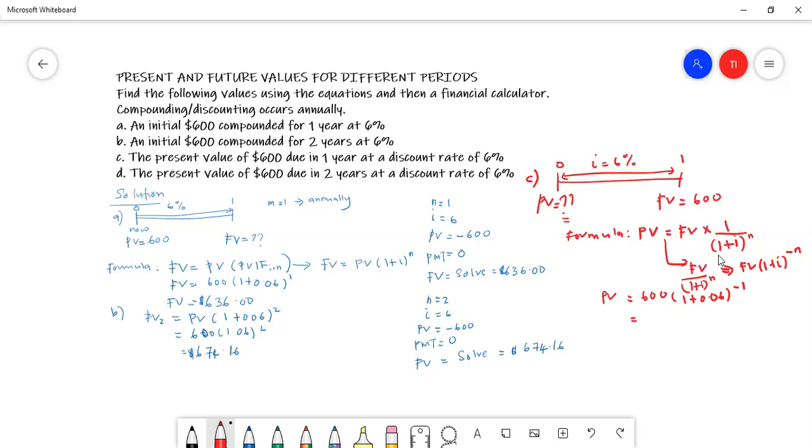If you are expecting 600 in 1 year, how much should you invest now at the rate of 6%?